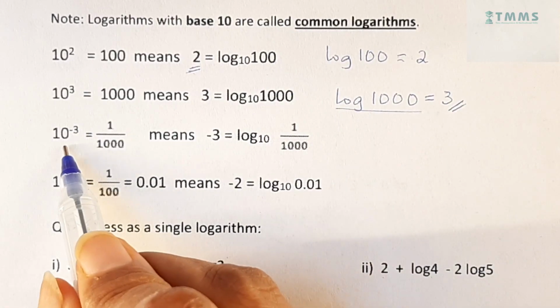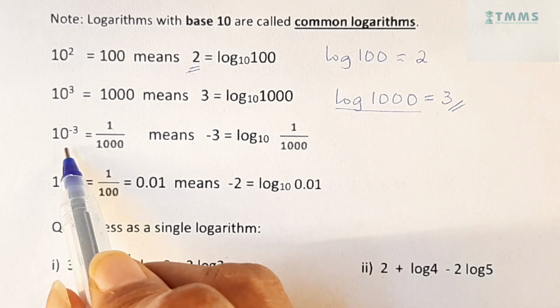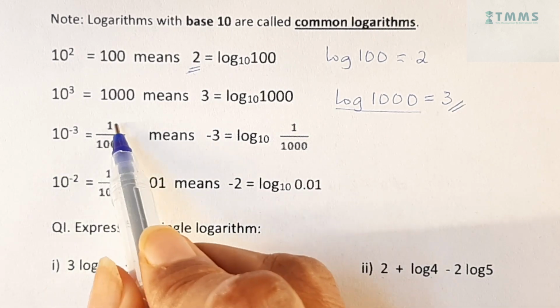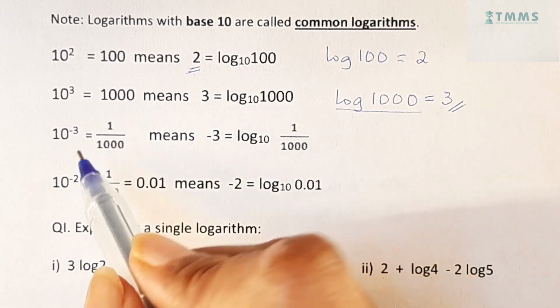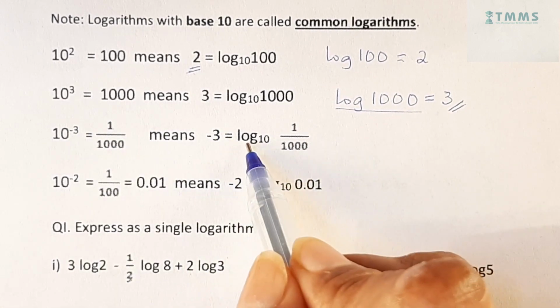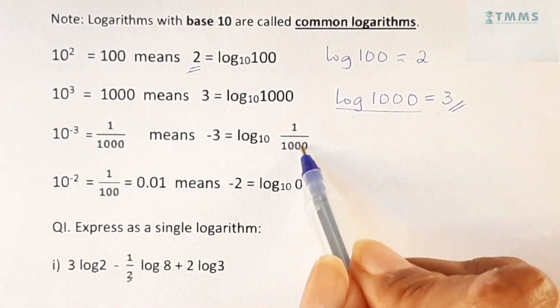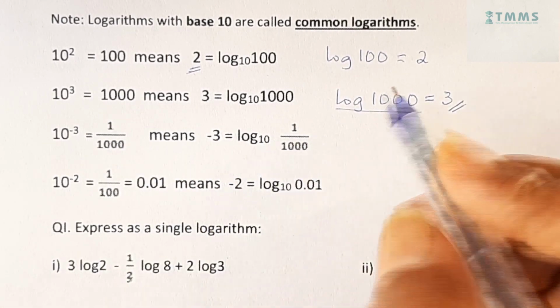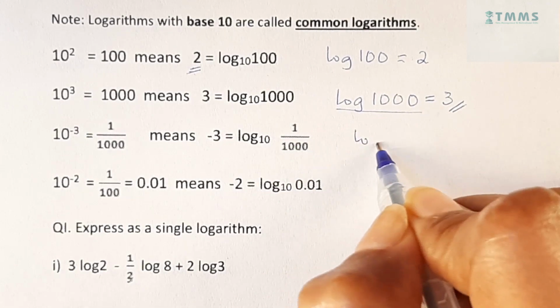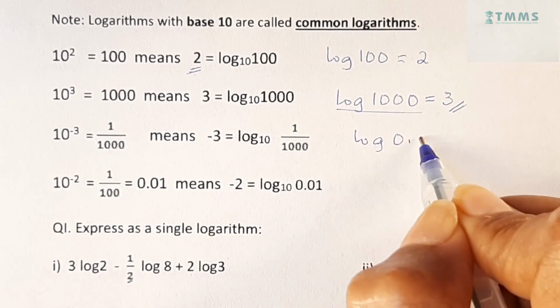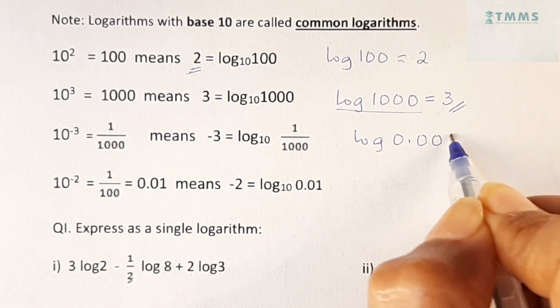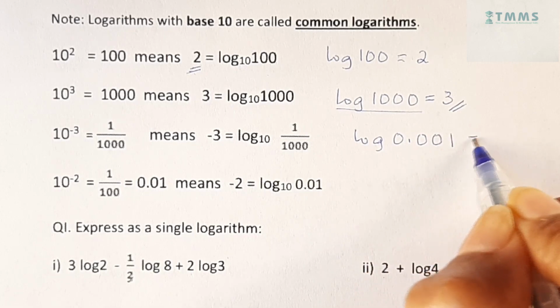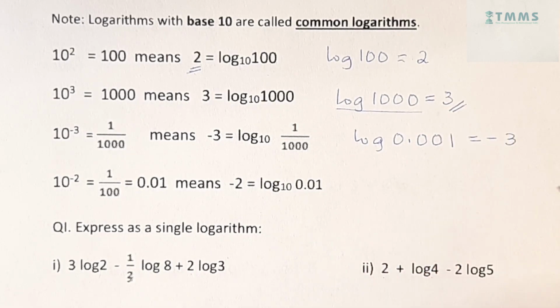Now let us look at the negative index. 10 to the power minus 3 is equal to 1 upon 1000. And so minus 3 will be equal to log of 1 upon 1000 to the base 10. And so we can also say that log of 0.001 will be equal to minus 3.